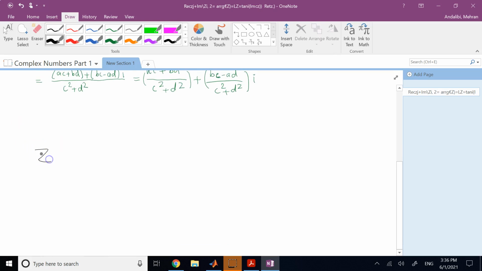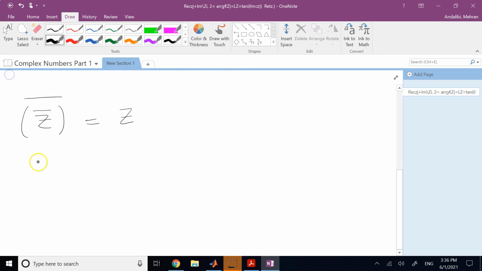If I conjugate z and then conjugate the result of the whole thing, of course, the result is going to be back to the original z. No problem. If I add or subtract z1 and z2 and then conjugate the whole thing, it is like the conjugate of the first one plus or minus the conjugate of the second one. So the conjugate is distributed over the plus or minus.